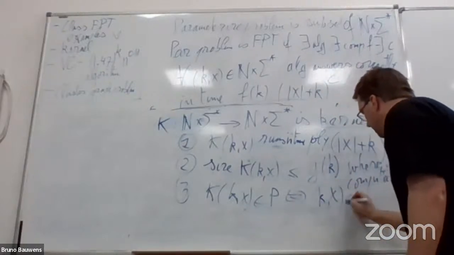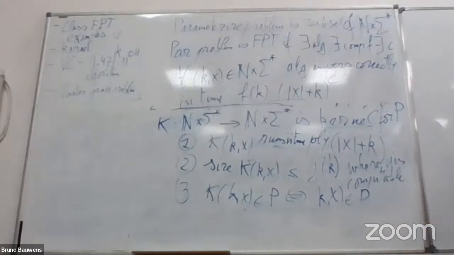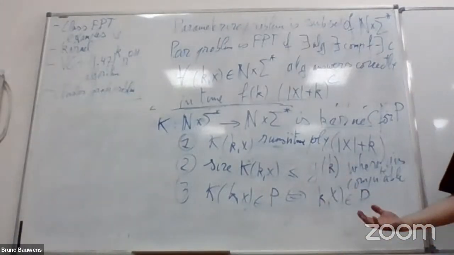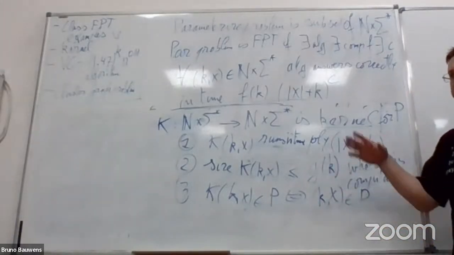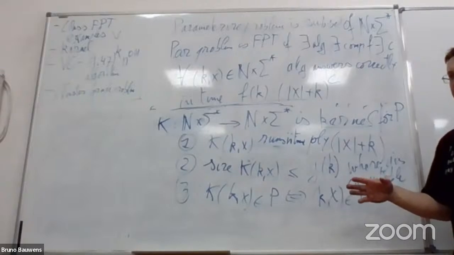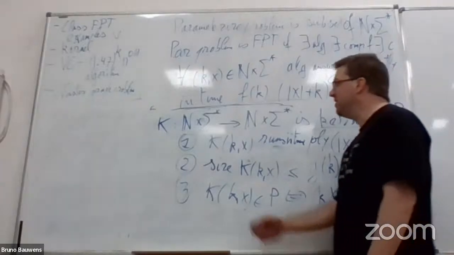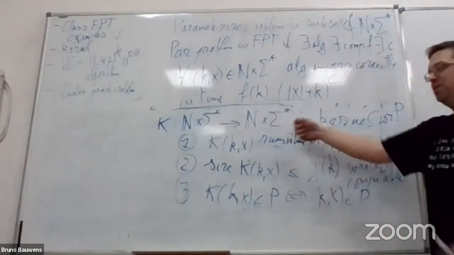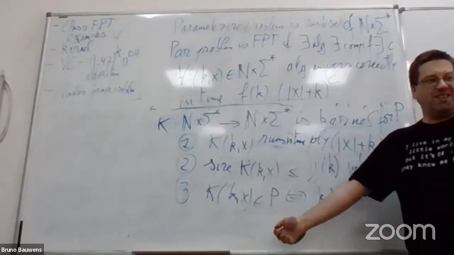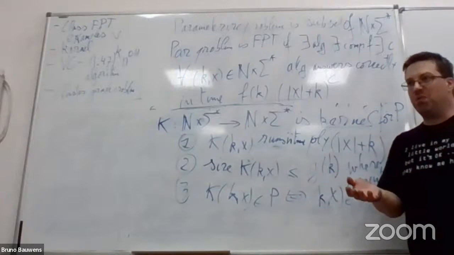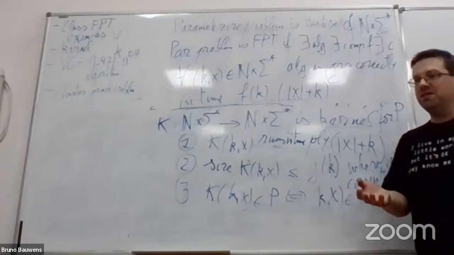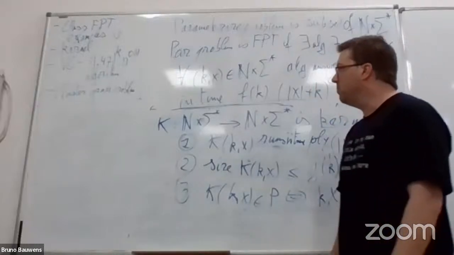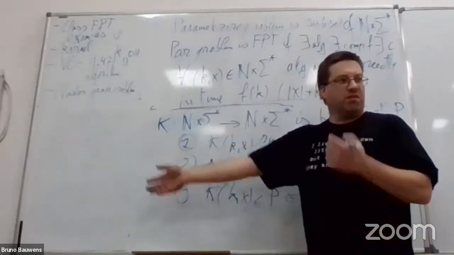Why is it important that the bounding functions are computable? There are some pathologies we don't want. Otherwise we can have undecidable problems that are fixed parameter tractable. You can think about very large inputs that solve the halting problem, so you have a program followed by any number of zeros.